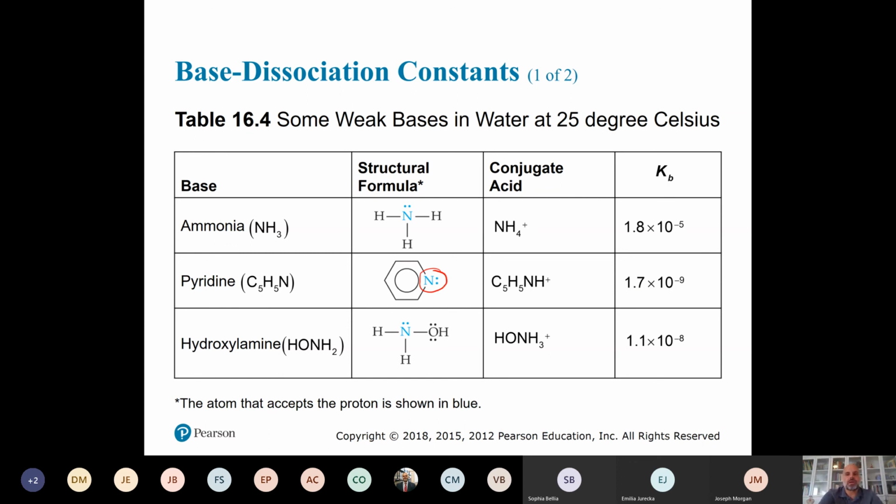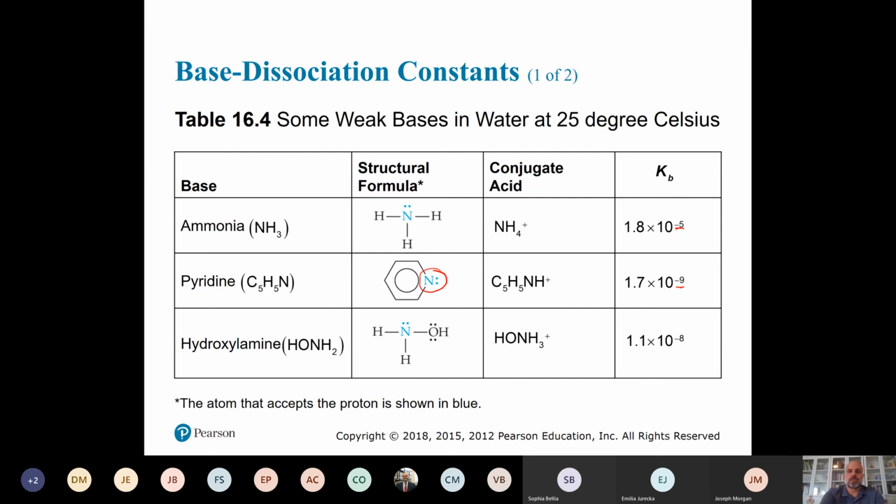So just as with Ka, the larger the number, the stronger the base. So you can see, we're at 10 to the minus 5th for ammonia versus 10 to the minus 9th for pyridine. So you can see that ammonia is going to be a much stronger base than pyridine.